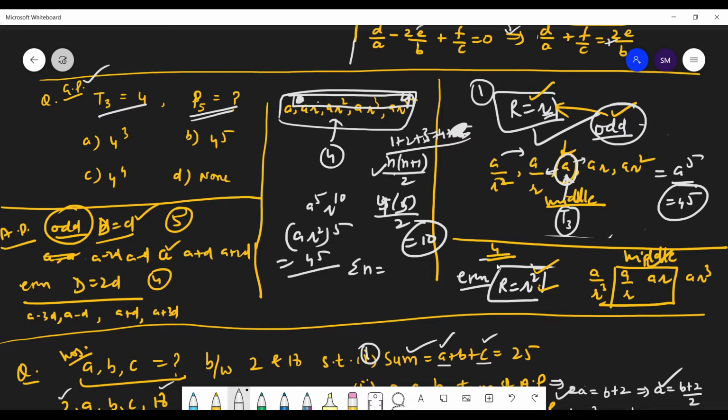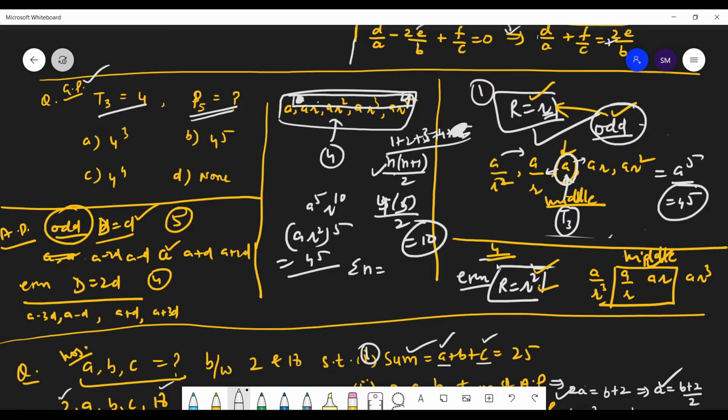Very good. So now what's your target? To prove that R^(m-1) equals R^(n-1) equals R^(p-1).